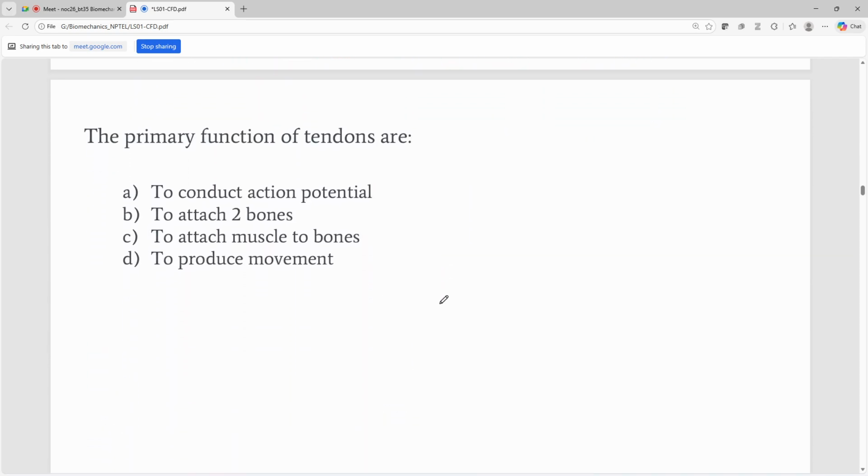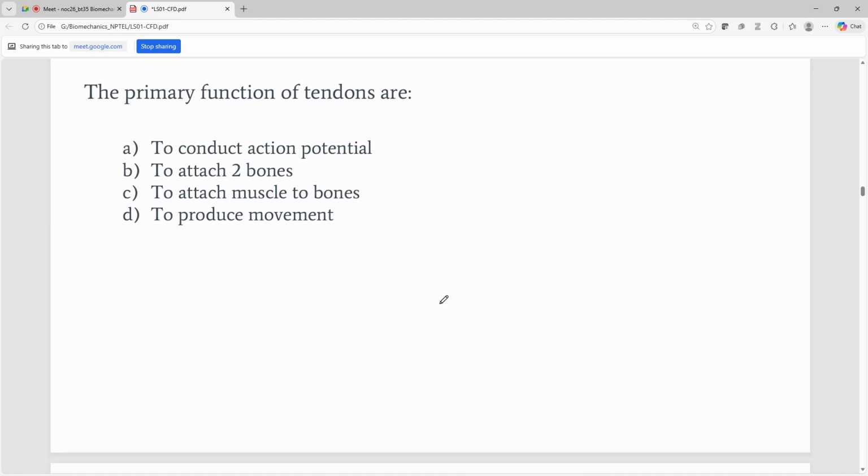Moving on to the next question. This may not be in the videos, but try to answer the question. The primary function of tendons is. We have already discussed muscles and skeletal muscles, but I have not discussed this in our introduction section.